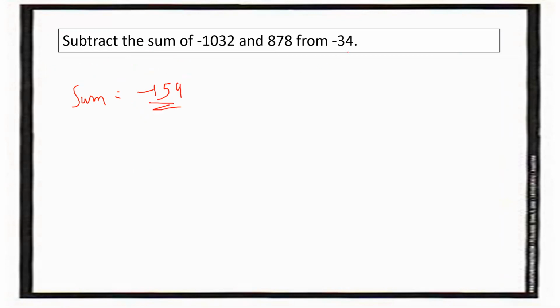Now you have to subtract the sum from this number, meaning -34 from the sum. Sum की जगह ये आ जाएगा because ये sum है, so this means -154 from -34. That will be like this. So minus minus is plus, so this will change into plus 144.